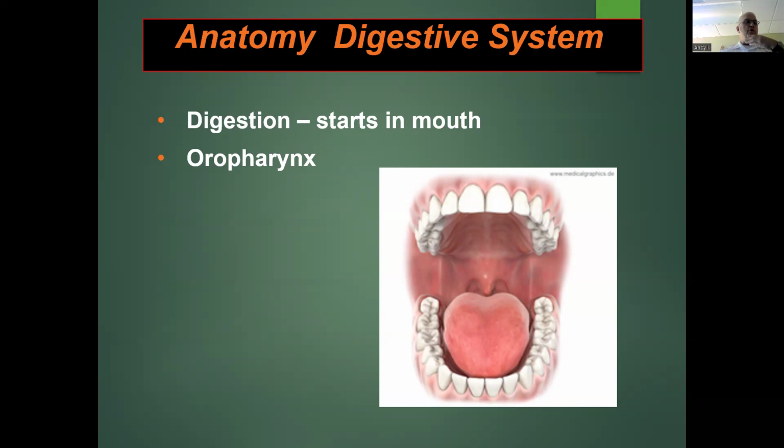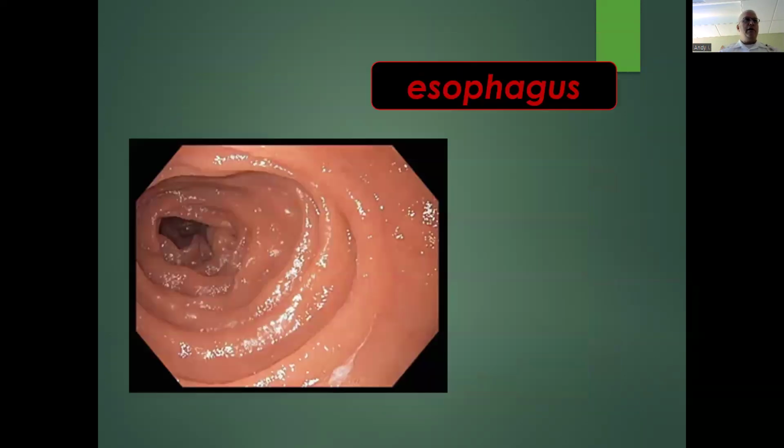So now we put food in the mouth and we chew that. We prepare that for it to go through the oral pharynx and through the pharynx down into the esophagus. So if you remember back when we talked about airway, the trachea is anterior to the esophagus, and the esophagus is posterior.